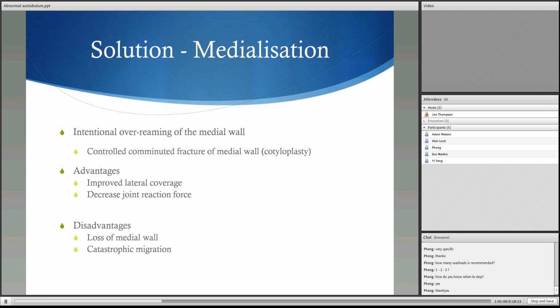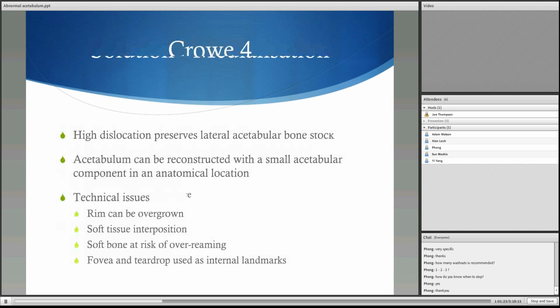Augmentation, often using the femoral head autograft, sorry, or allograft. The advantages are that you put the cup in an anatomical position and it improves bone stock, but the disadvantages are that if quite a significant amount of the cup is being supported by the bone graft, then there is a high risk of the implant failing.